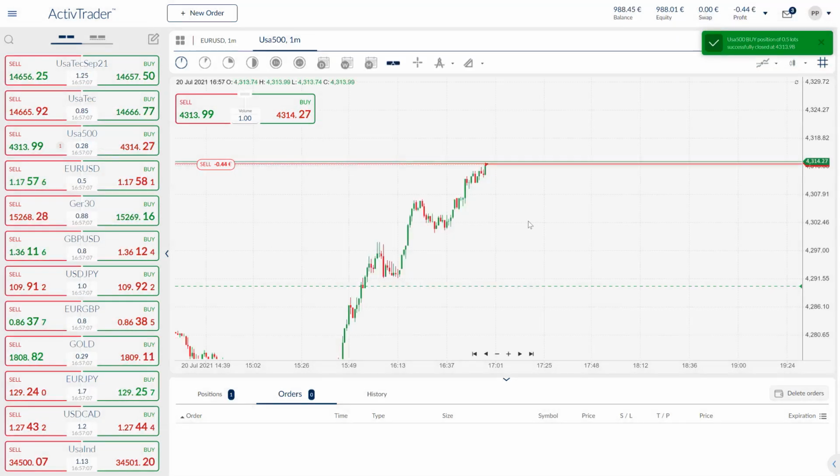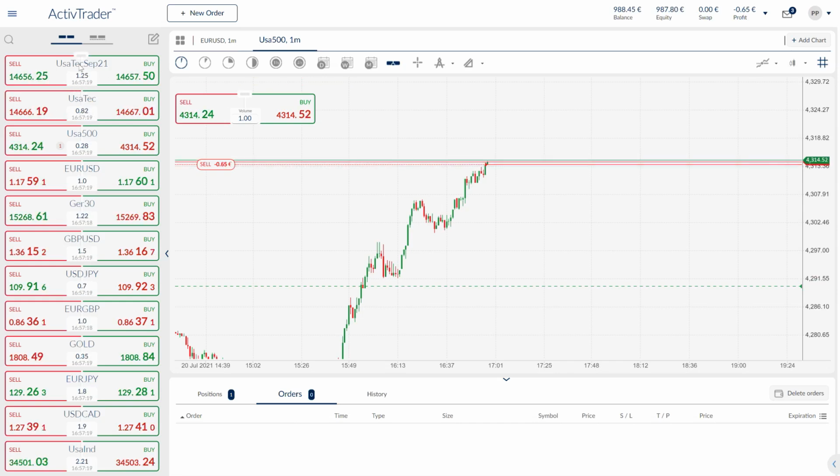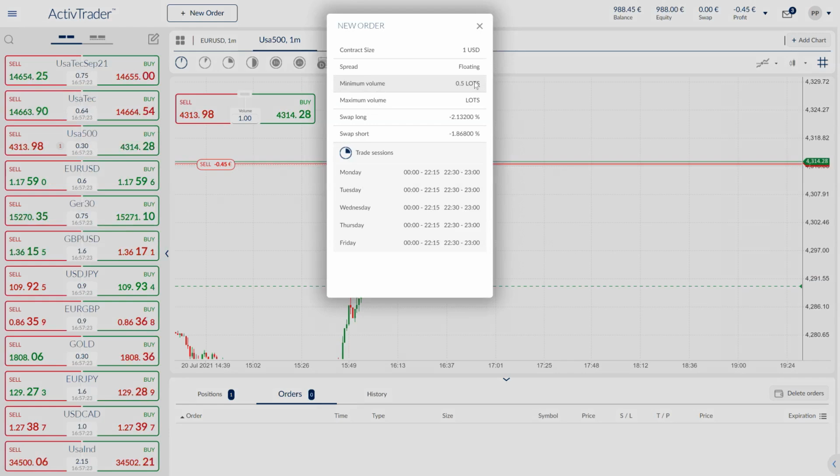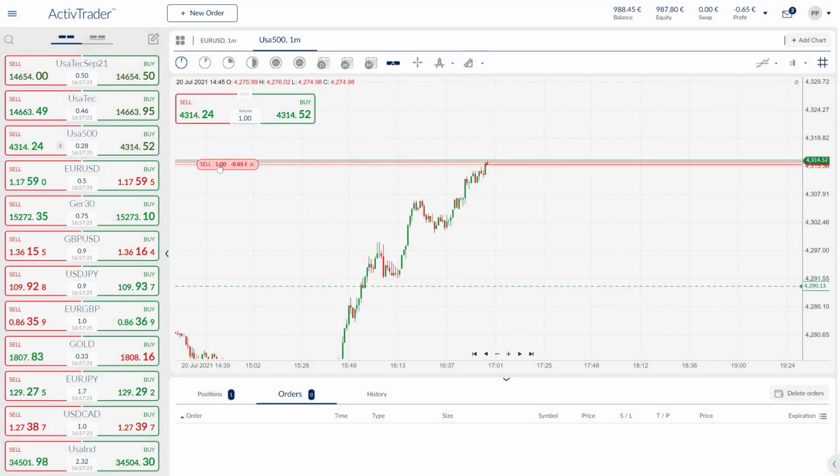What I wanted to show you is, of course, the half a contract bullish position we had earlier was the minimum size for the contract. Remember, minimum size, 0.5 lots. So this is why I will show you how to partially close a trade.